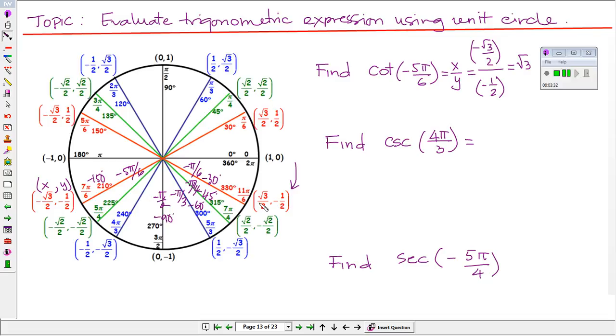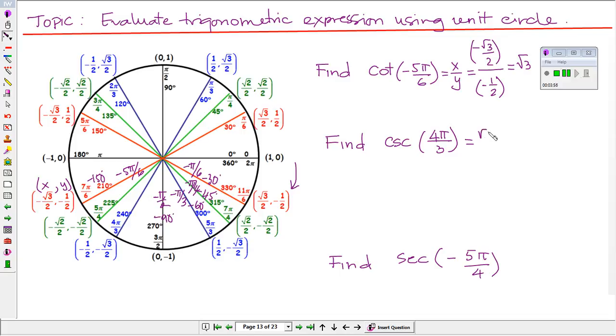It is very easy to find 4 pi over 3 because it is a positive number, and on our unit circle all the angles labeled in degrees or radians go with positive, so the angles rotate counterclockwise.